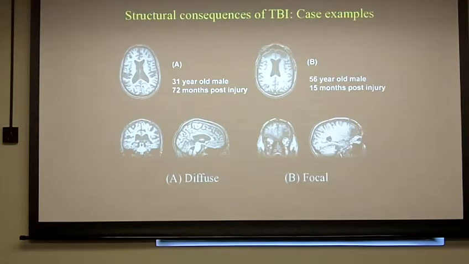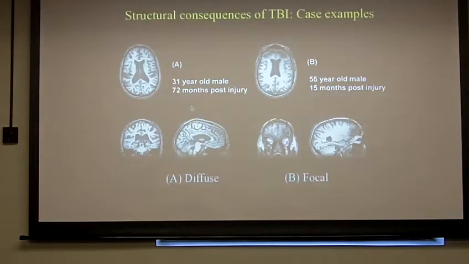So we have this challenge. The brains we are dealing with are characterized by largely two types of lesion characteristics. The first is diffuse lesion on the left panel, with enlarged ventricle and sulcal space, things like that.